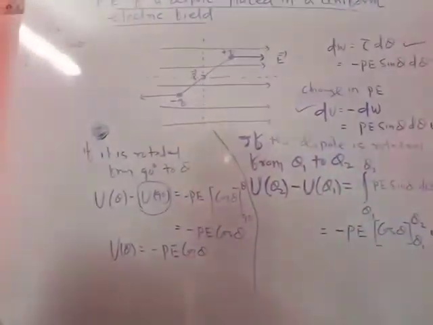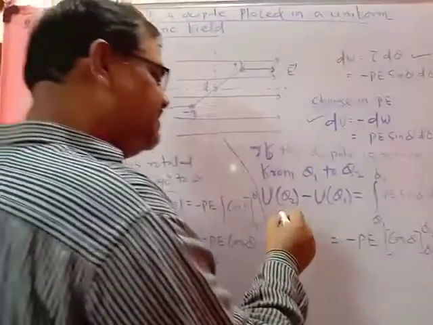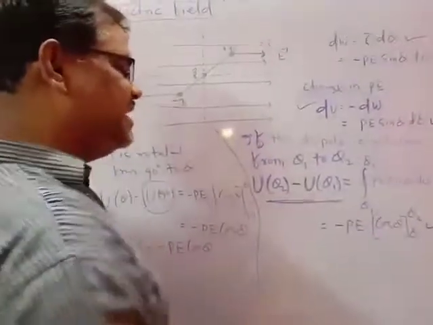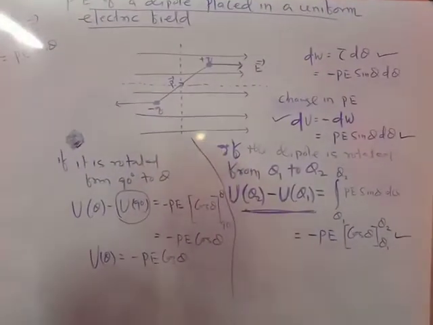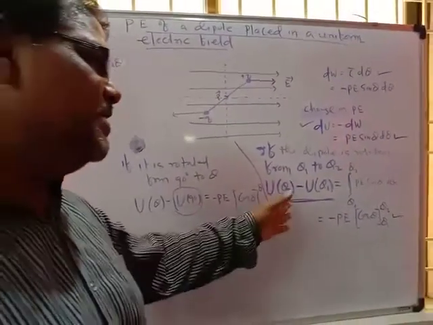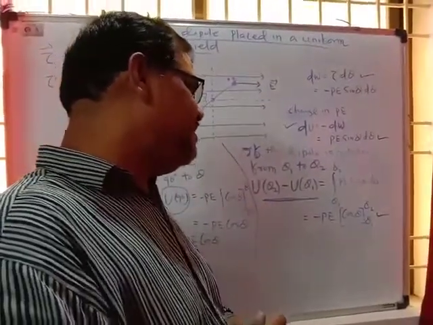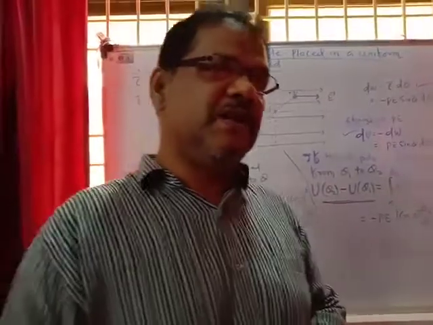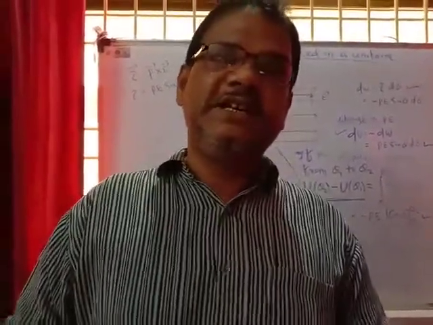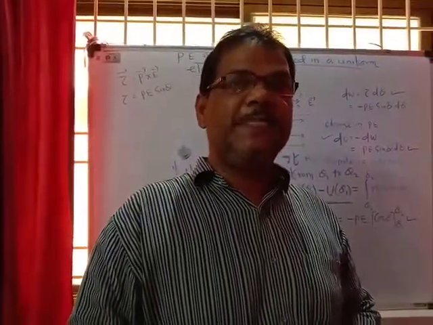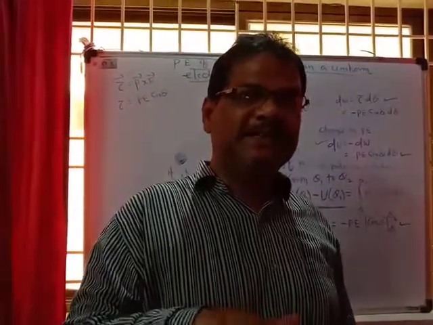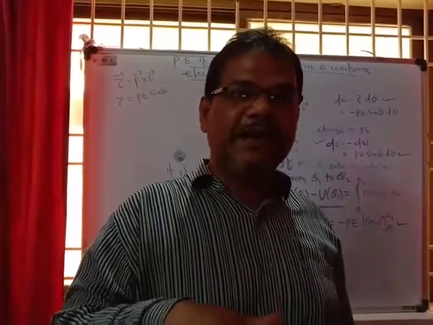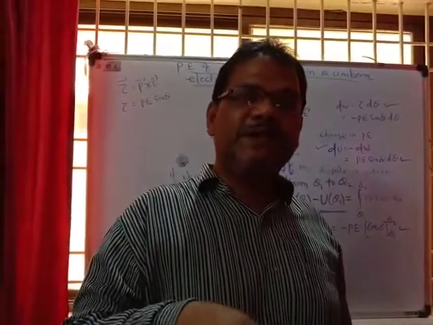The important thing is here. We have already discussed that the change in potential energy is the negative of the work done. Out of this change in potential energy, what do you have to decide? In the case of gravitational potential energy, whenever you calculate it, we choose the reference point on the surface of the earth, that is, zero. You have taken the initial reference point equal to zero.